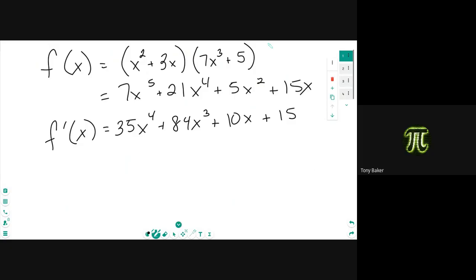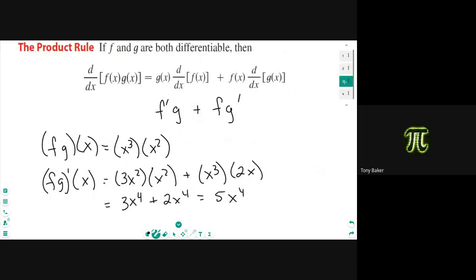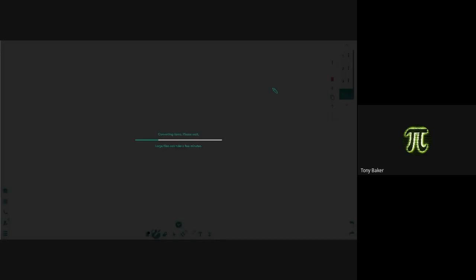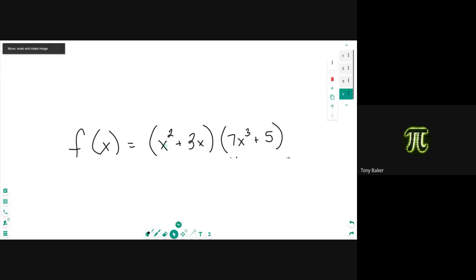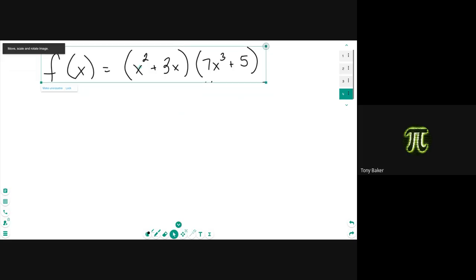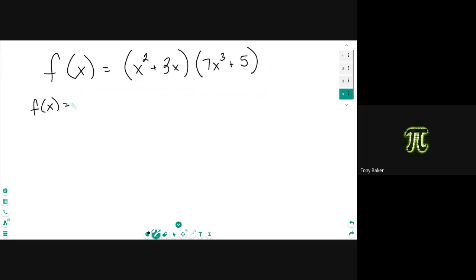Let's look at the first problem. So this was the first problem we did. Let's do this with the actual product. So f of x is x squared plus 3x.